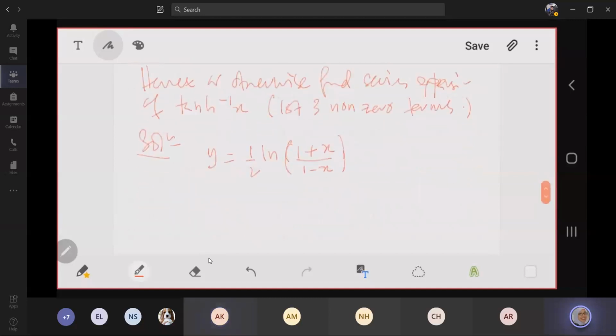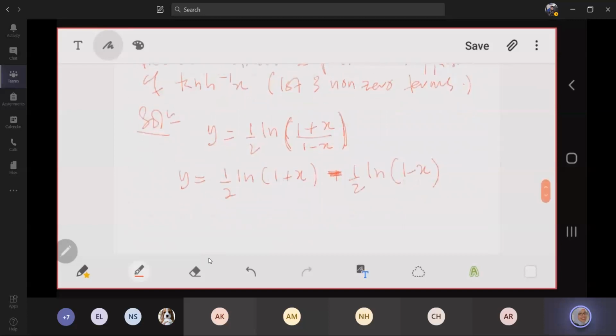So what we do is you get dy by dx. To make things easy, whenever you see ln functions like this, you simplify it. So y is half ln (1 plus x) minus half ln (1 minus x).